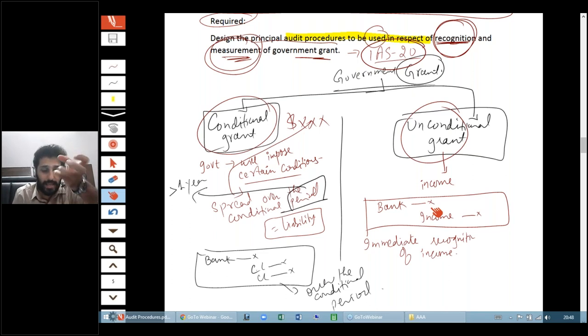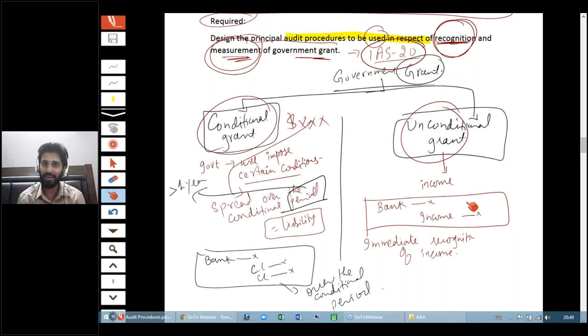Number one, agree the amount received in the bank statement, because I received the amount from the government, and obviously the government will credit my bank account. So I will be verifying the debit side and then the credit side. On the debit side, there is the bank, so the procedure I will write is: review or inspect the bank statement for the month and confirm the amount received against the government grant.